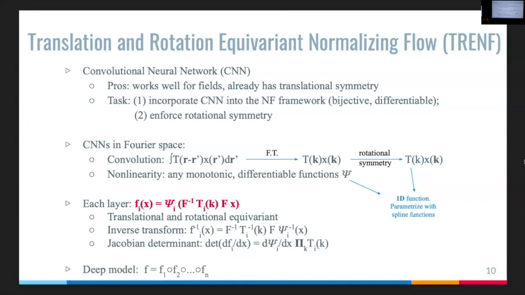So it can be easily verified that this transformation satisfies the translation and rotation symmetry. And also the biggest advantage of doing the convolution in the Fourier space is that we can easily write down its inverse and Jacobian determinant. So finally, we could stack multiple such layers and form a very deep normalizing flow model to make it more expressive.